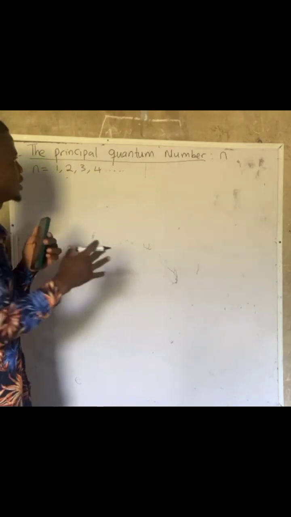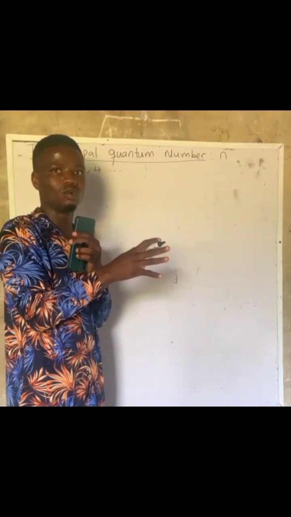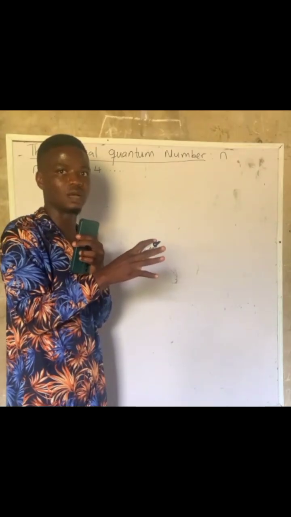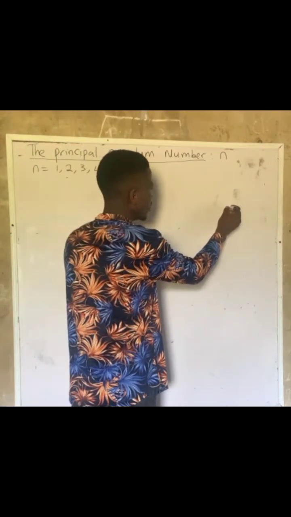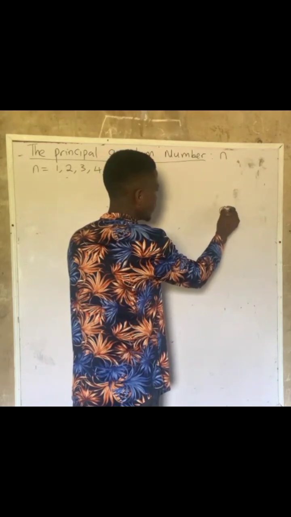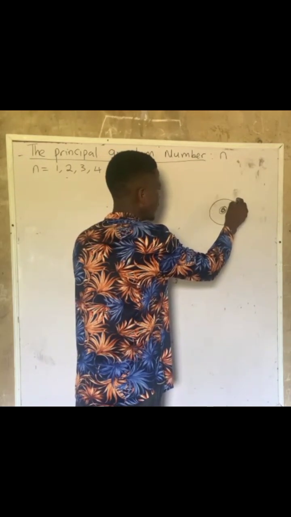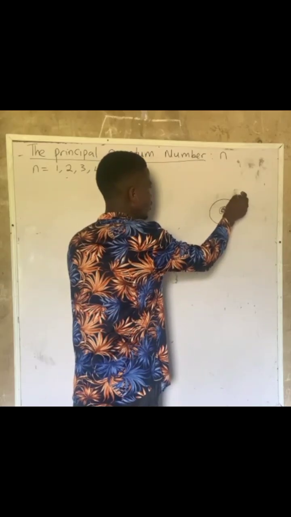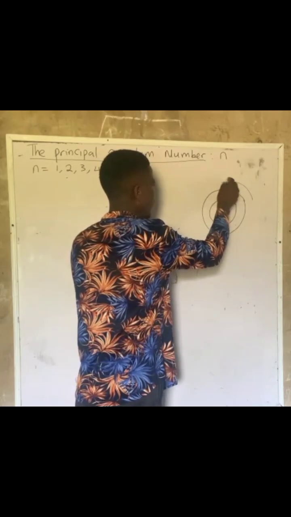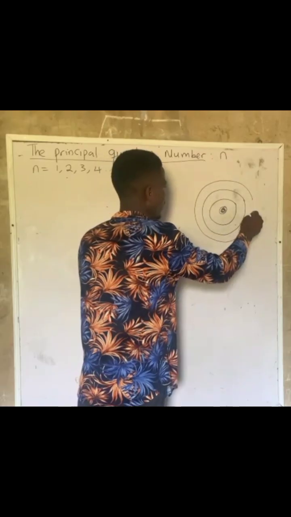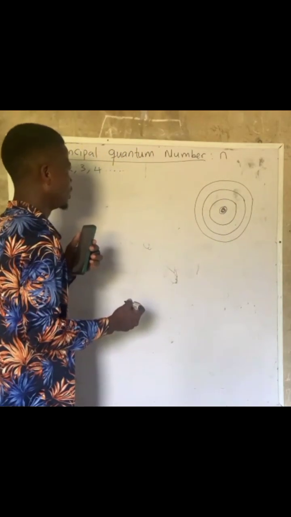So this quantum number describes the energy level or shell where electrons can be found around the nucleus of an atom. Let's say this is the nucleus of an atom. This point where electrons revolve around is called the energy level or the shell.